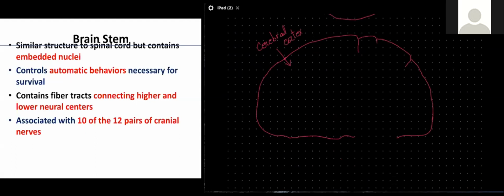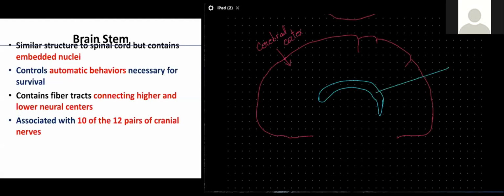And if you remember, the cerebral cortex is responsible for carrying out the conscious activities, sensory perception, sensory detection, initiation of motor movement, memory, problem and task management. All those take place in my cerebral cortex.